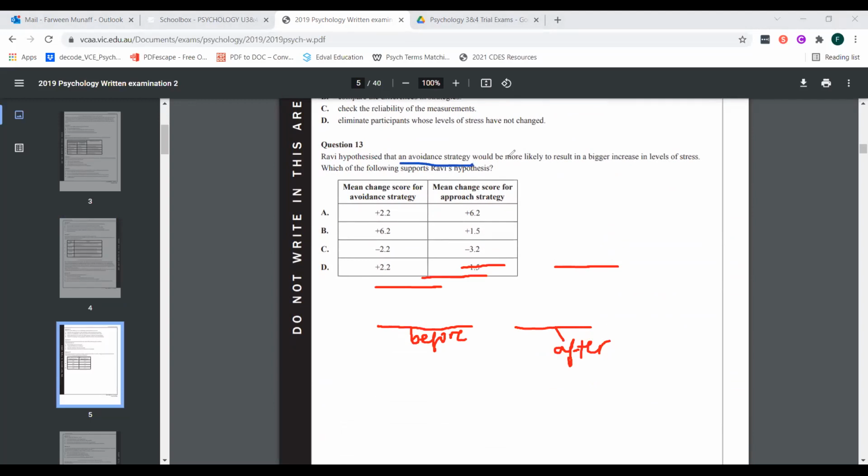We match up avoidance strategy here to here and basically just look for the biggest increase, or biggest number. So what do we think, guys? What's going to be our best answer there? 6.2. Yeah, it's going to be B. That's the answer, because he hypothesizes that the avoidance strategy is going to lead to a bigger increase in levels of stress, and so the mean change score for that has to be bigger in terms of quantity.